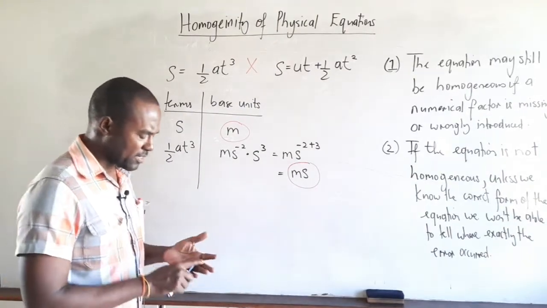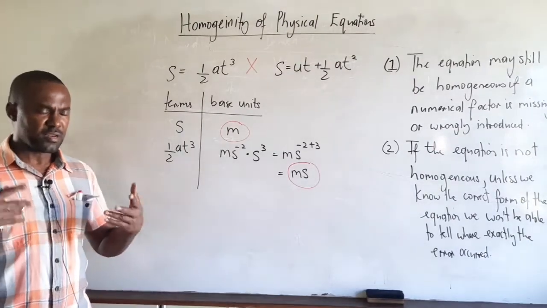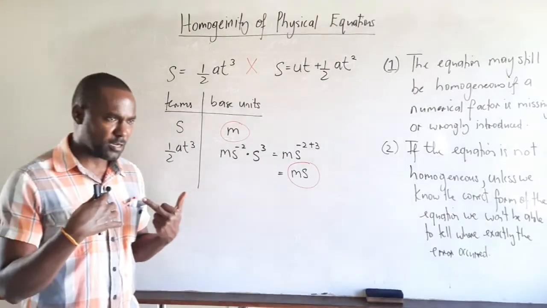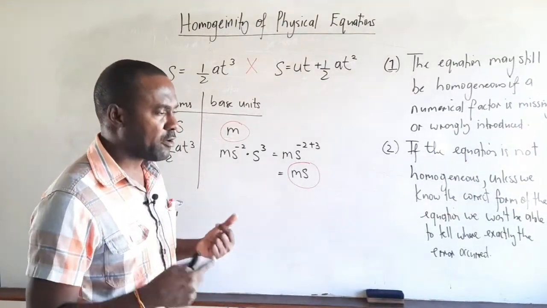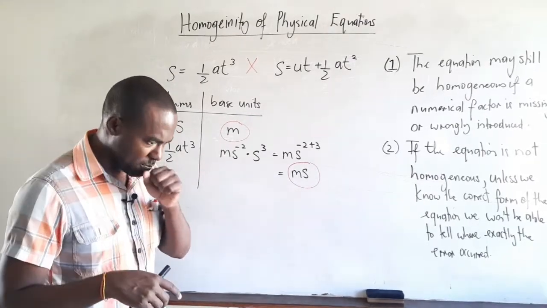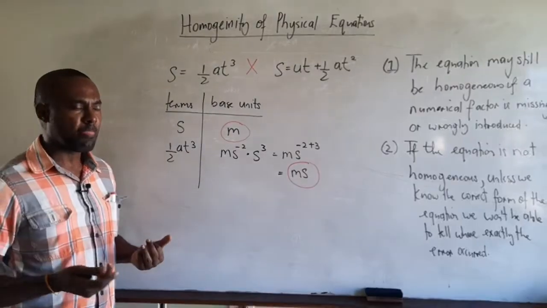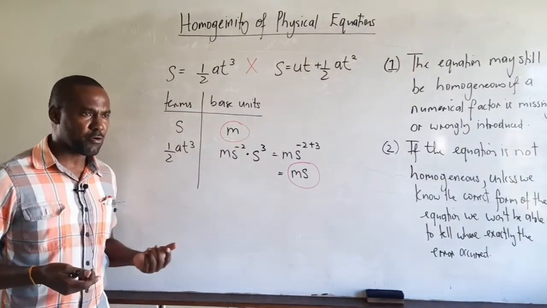So we said that basically if the equation is not homogeneous, provided we did everything correctly and we did not make a mistake, then it therefore means that the equation is incorrect. But unless it is an equation with which we are very familiar, we will not be able to tell where the error occurred.